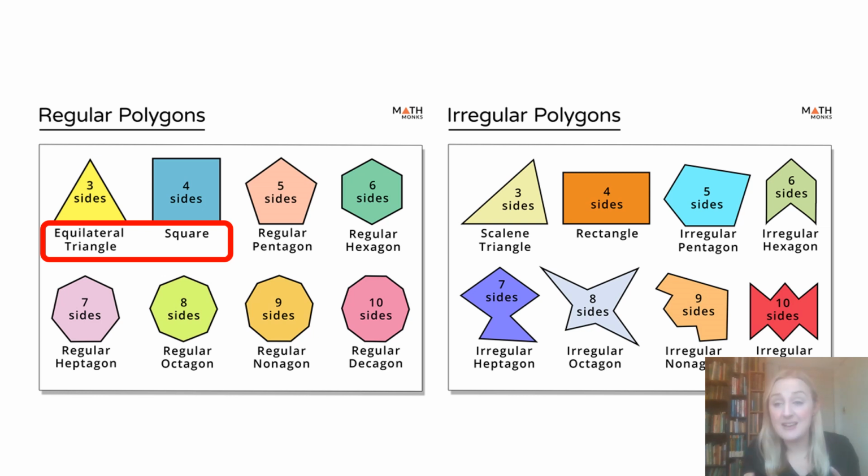Everything else, we just put the word regular in front of the polygon name. But for those two polygons, we do have a special term to describe the regular ones. I'm not going to go into the history now, but if you look back through old textbooks, you can see variation in what we call those things. But now these are pretty well-established terms: equilateral triangle and square for the regular polygons of 3 and 4 sides.